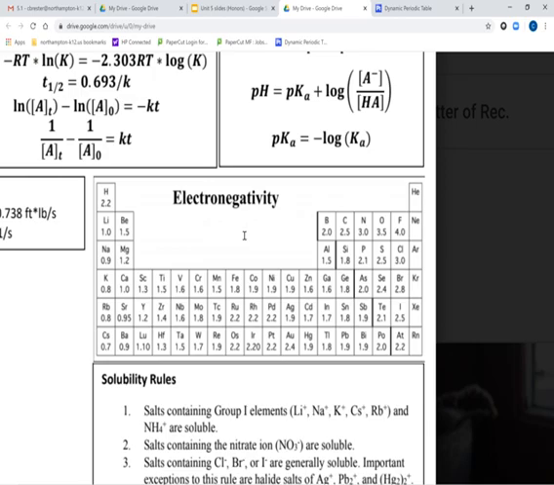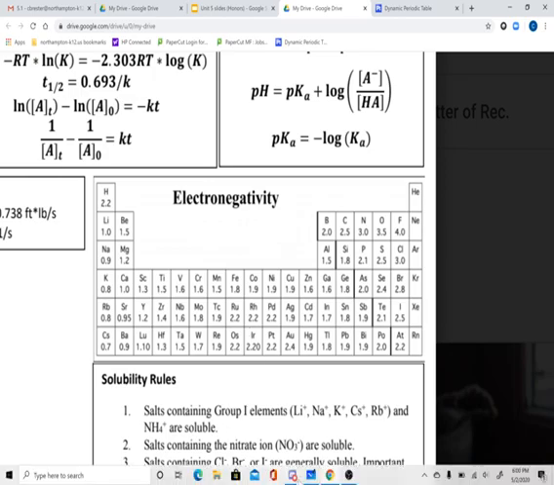Electronegativity is essentially the degree of attraction that these elements have to other negative charges. So the higher your electronegativity value, 1 on lithium, 4 on fluorine, the more attractive electrons will be to that atom's nucleus. So fluorine is 4.0, lithium is 1.0. Fluorine is actually, mathematically speaking, 4 times more attractive to an electron than lithium is.